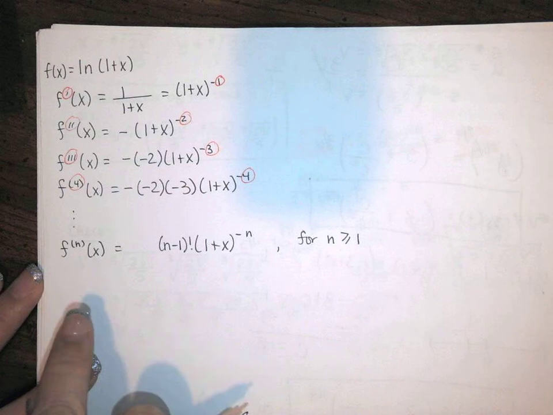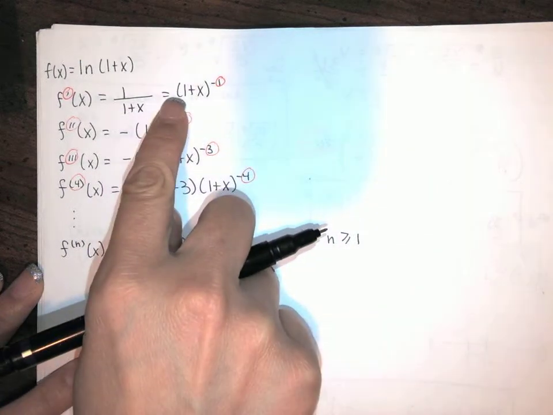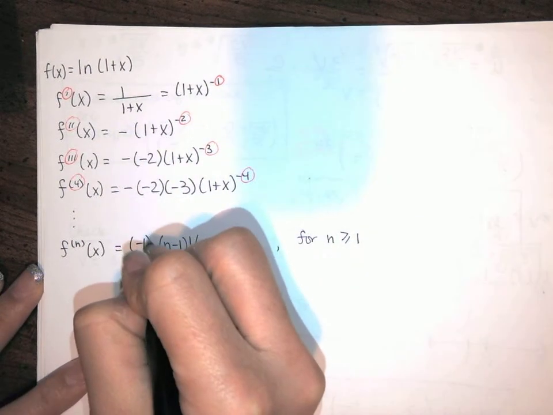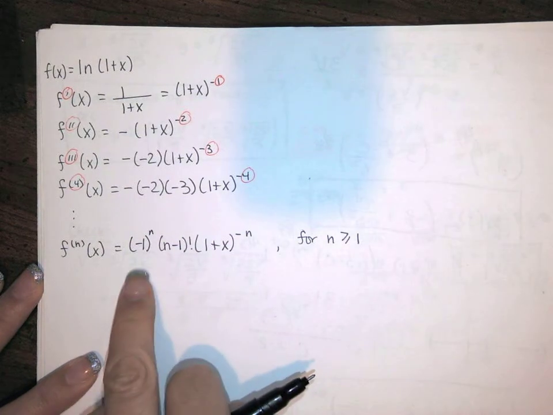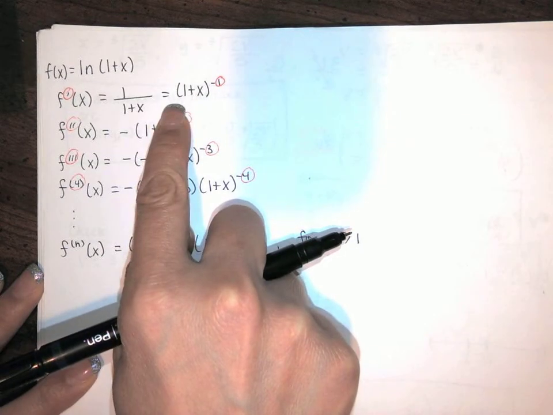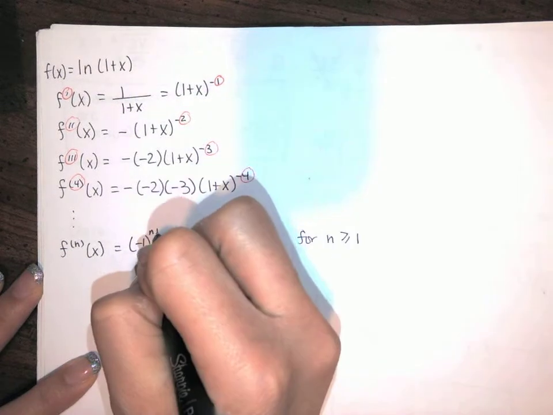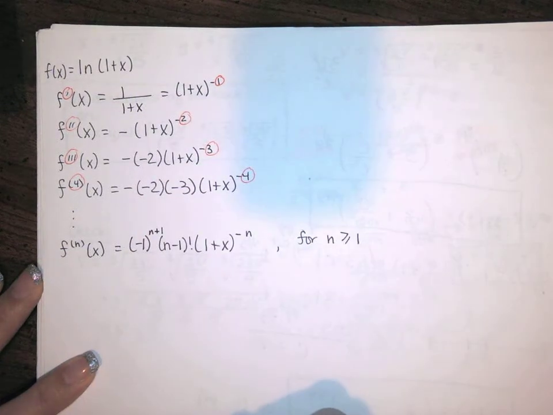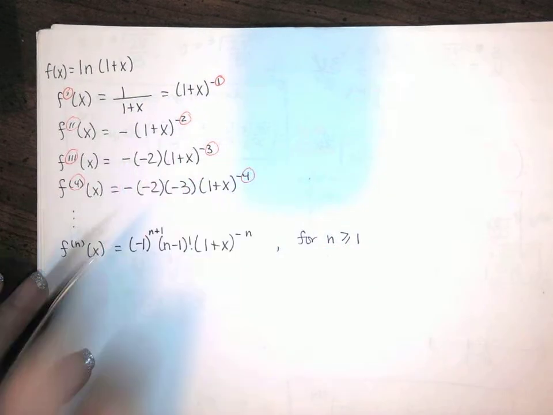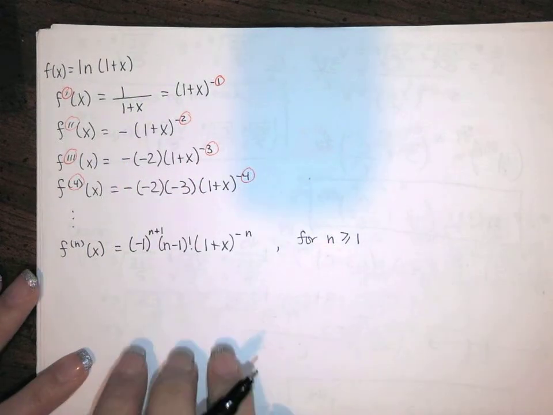And then we also have an alternating sign. It starts positive, but then it's negative, then it's positive, then it's negative. So we'll have a negative 1 to the n there. When n equals 1, we need it to be positive. So actually I think that has to be a negative 1 to the n plus 1. So we have a negative 1 squared for that first derivative. Okay.